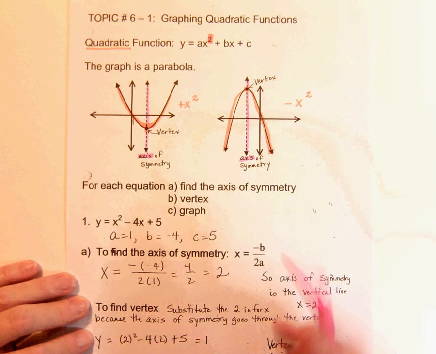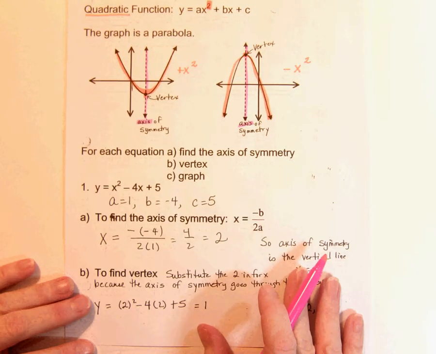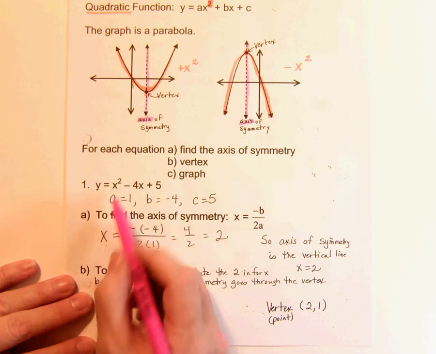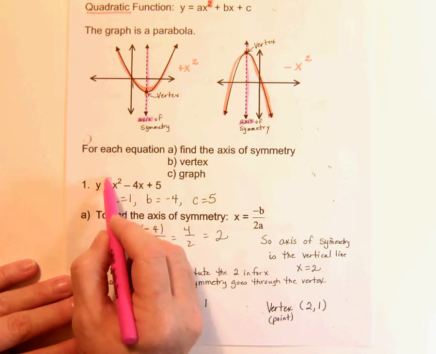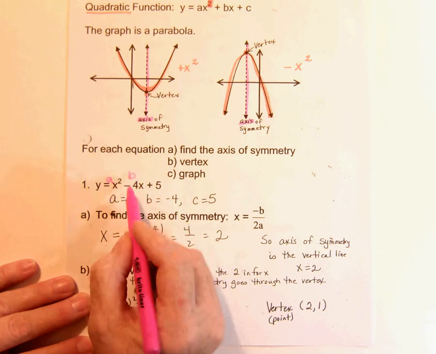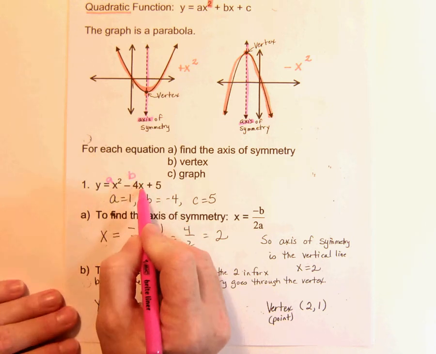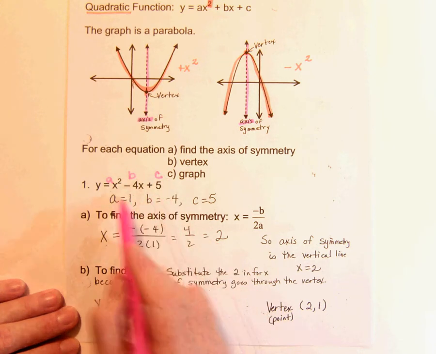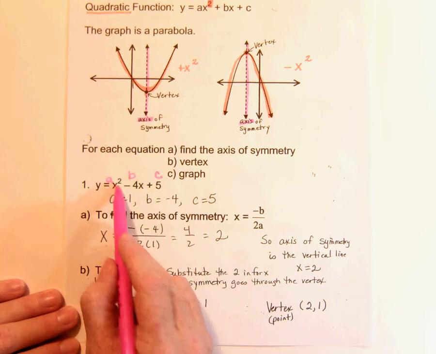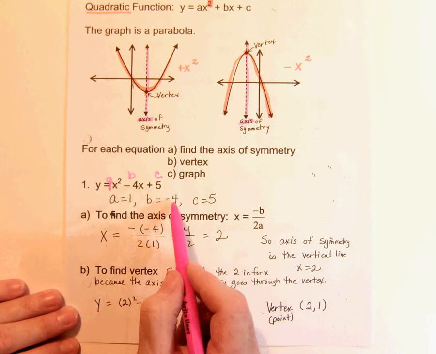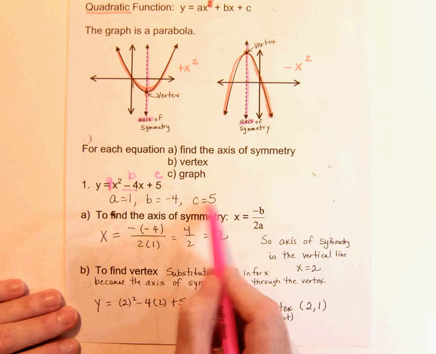There is a formula for finding the axis of symmetry. In this equation, A is understood to be the coefficient of x squared, B is the -4, whatever's in front of the second term, and C is always the last term. If there's just an x squared, it's understood to be a 1. So A is 1, B is -4, and C is 5.